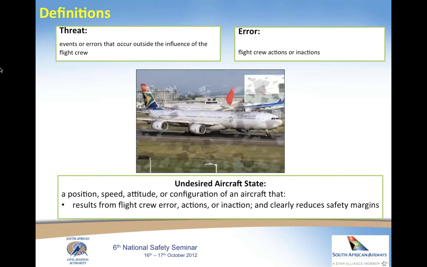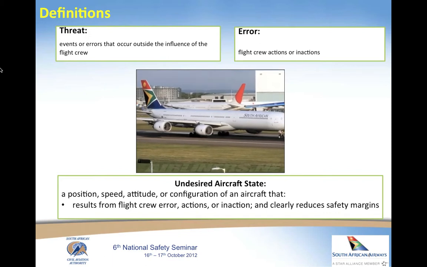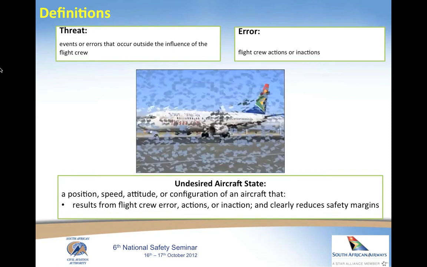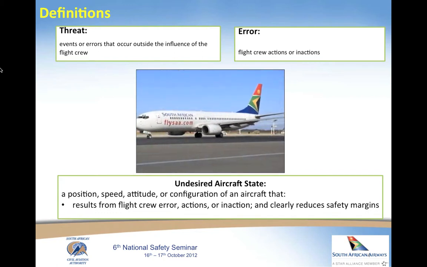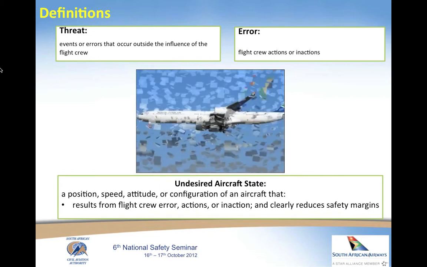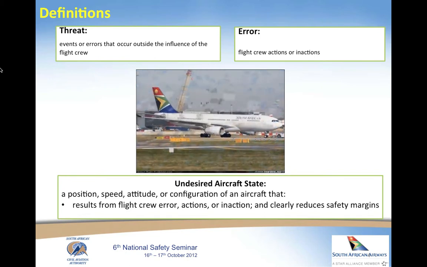An undesired aircraft state, or UAS, is a safety compromising state that results from ineffective error management. Examples include unstable approaches, lateral deviations from track, firm landings, and proceeding towards the wrong taxiway or runway. Events such as malfunctions or ATC control errors can also place the aircraft in a compromised position.